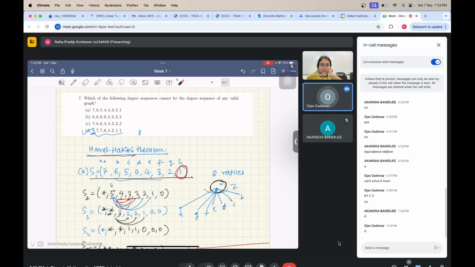If there are degrees one to k on n vertices, then the other vertices have degrees n minus 1 to n minus k. That way we can prove this theorem.